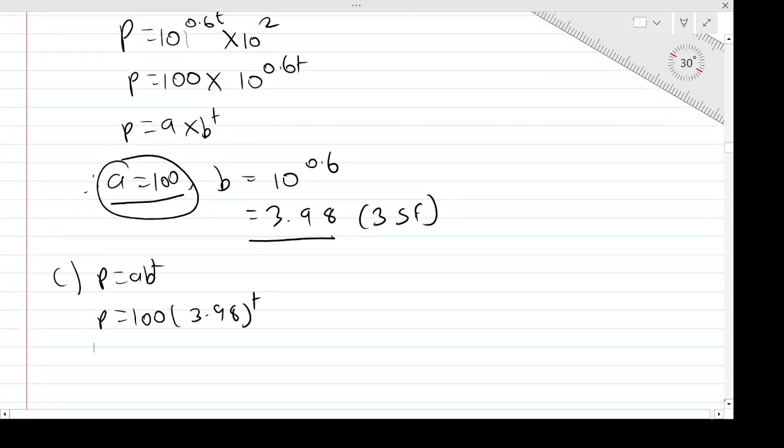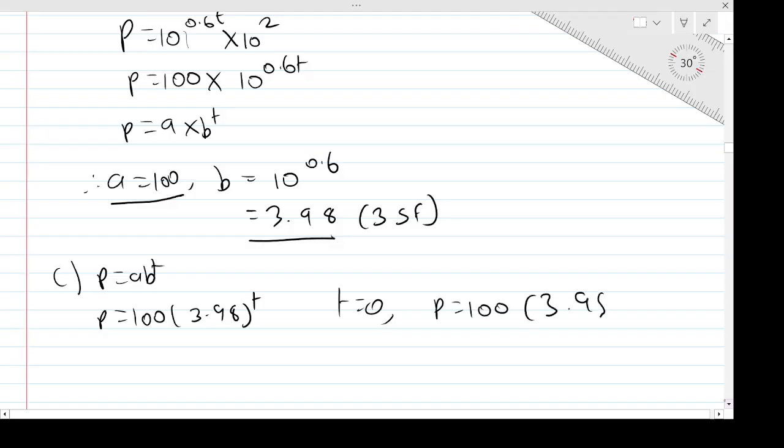So A is 100, and so what that means is, again, we looked at this before, but if we just consider t is equal to 0, then p would be 100 lots of 3.98 to the 0.